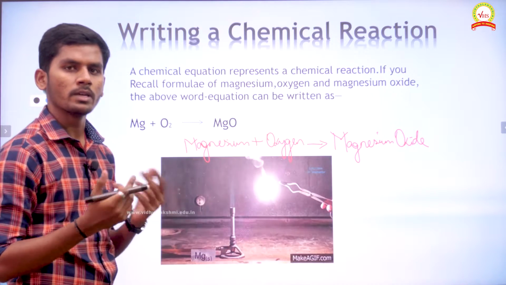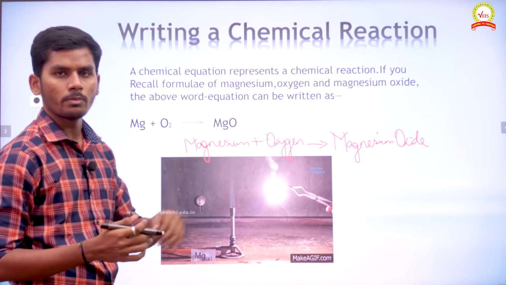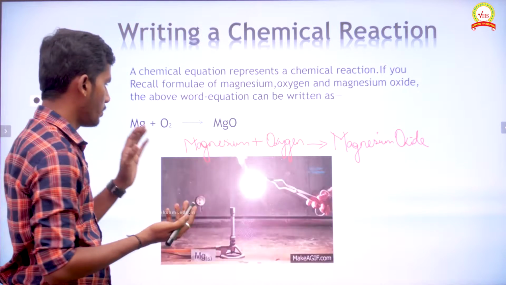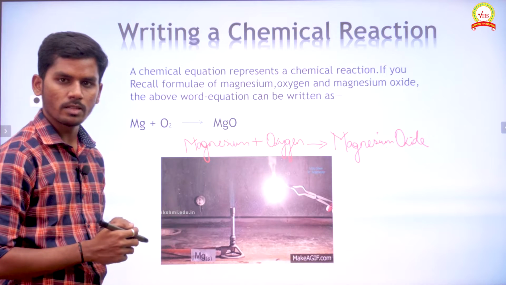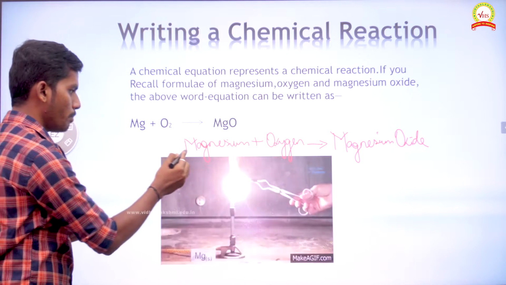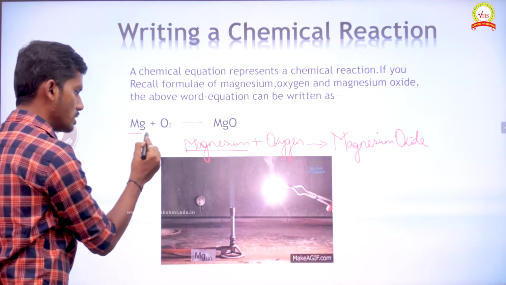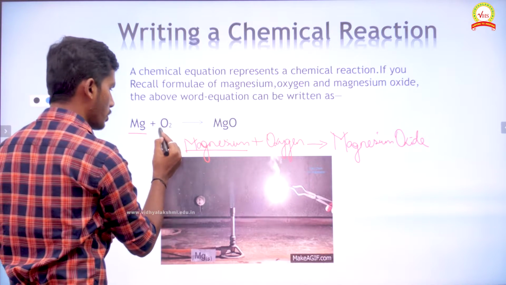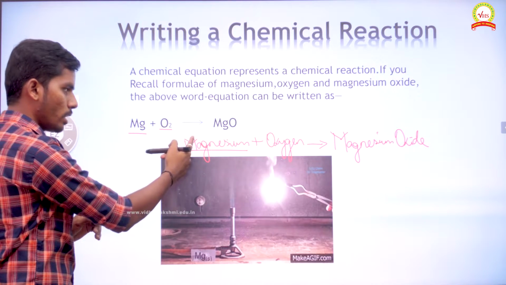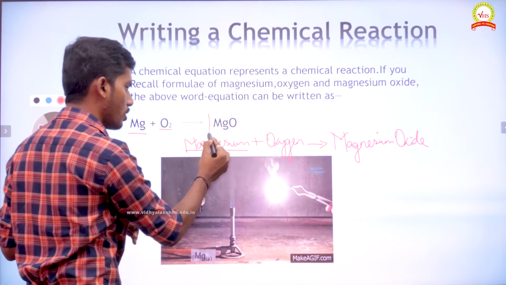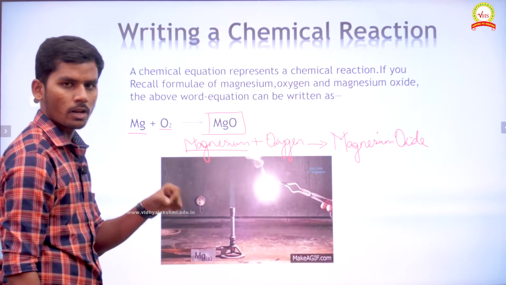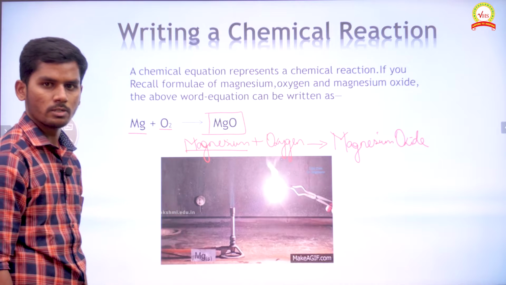No, it will not be easy for us to mention all the chemical reactions in the form of word equations. So in that case, chemical symbols as well as chemical formulas help us to write it in the form of a chemical equation. The magnesium symbol we know as Mg, and oxygen gas we know as O2. These both reactants combine together to form a new product, called magnesium oxide, MgO. Few students will have doubt how this magnesium oxide is formed.